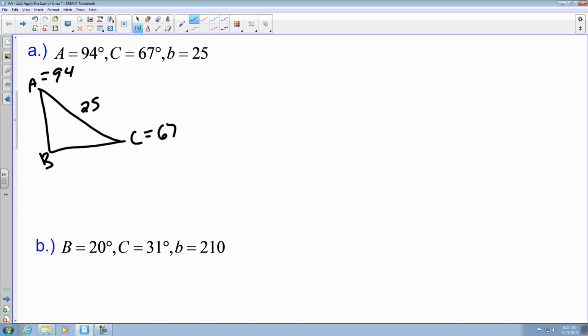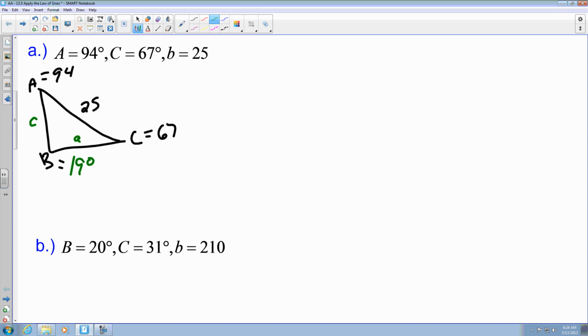So first thing you can do is I can figure out what B is by taking 180 degrees, because the sum of all the interior angles of a triangle is 180 degrees, subtracted by 94, and then subtracted by 67, and I'm going to get a value of 19 degrees for B. Now, what we don't have is what small a and small c are, but we can use the law of sines to help us do that.